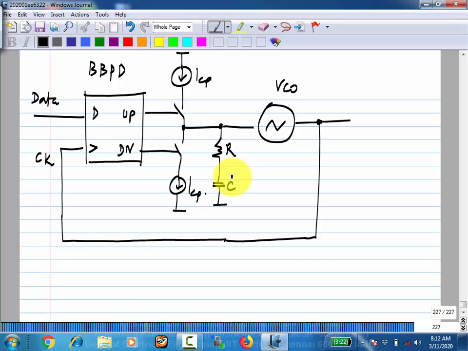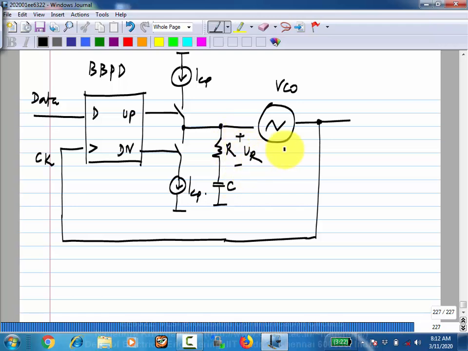Now, to see what happens specifically with a bang-bang phase detector, what we'll do is the following. We'll assume that the VCO is at the right frequency and analyze only the proportional path, because the instantaneous changes are only due to the voltage across the resistor.